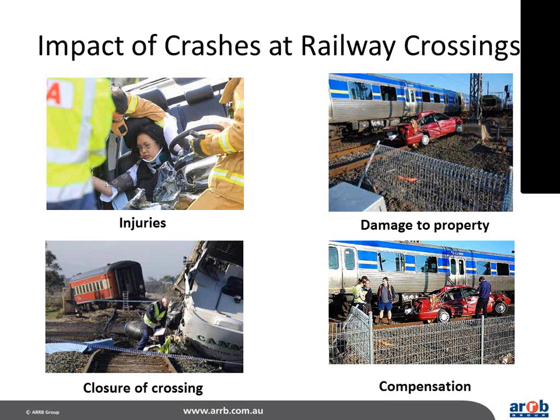If it's a passenger train, there's a risk of the train derailing at the crossing, which could cause further injuries and high severity outcomes for the train occupants. There's also damage to property, both the car and the train. And after each crash at a railway crossing, the railway authority has to close the crossing before it can reopen, to make sure everything's clear and all the debris is cleared.